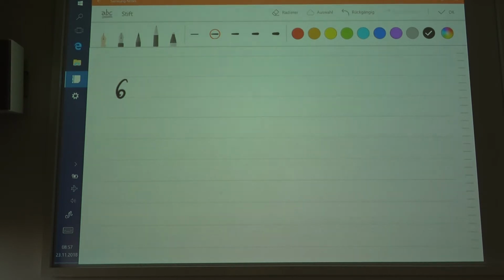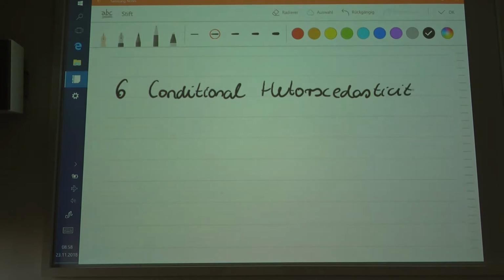These are the ARCH and GARCH models. This is important for you, especially for the seminar paper.